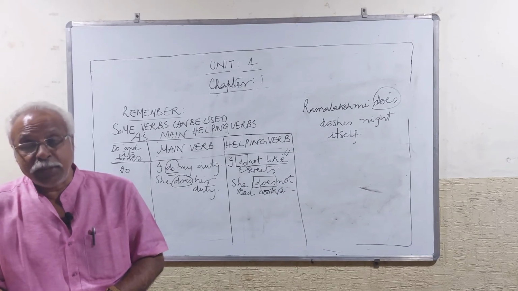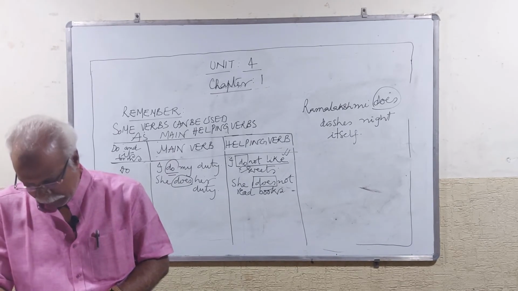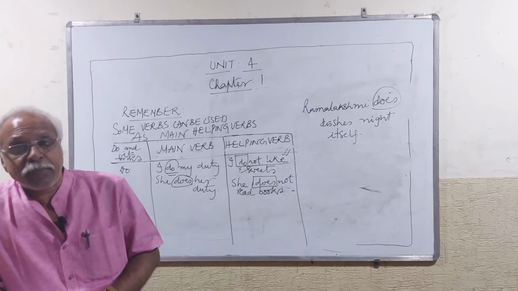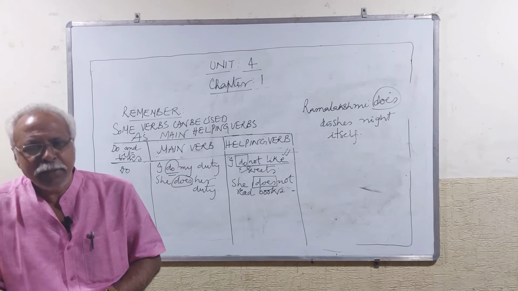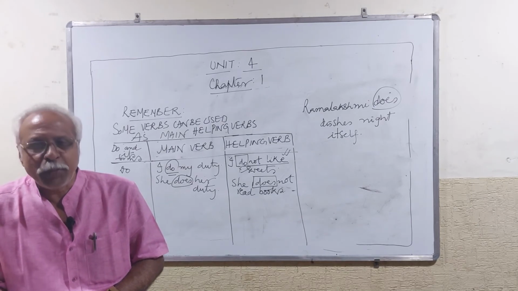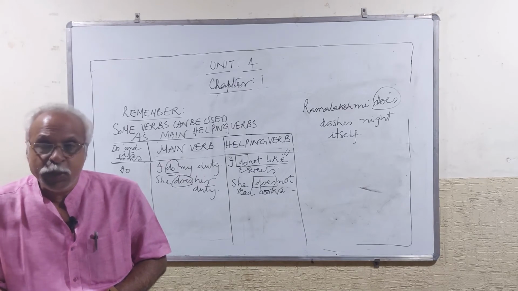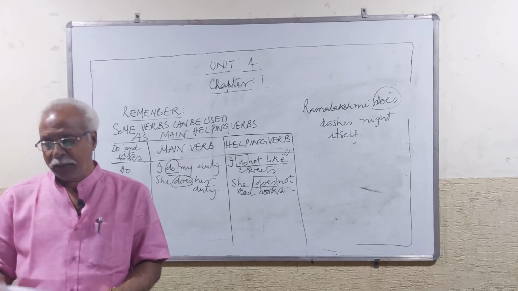At the time, you can say she worked as a teacher, or she did painting. That means she was a painter. Am I clear? Is it not wonderful? Try to make conversations with your friends using all these.